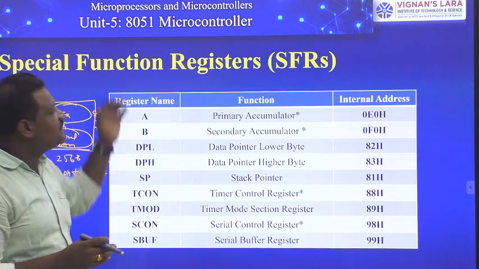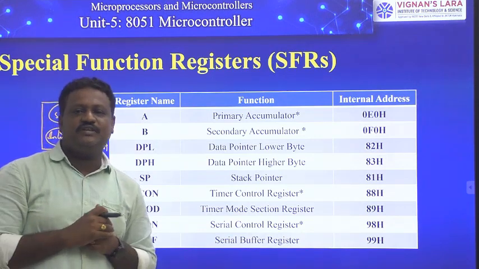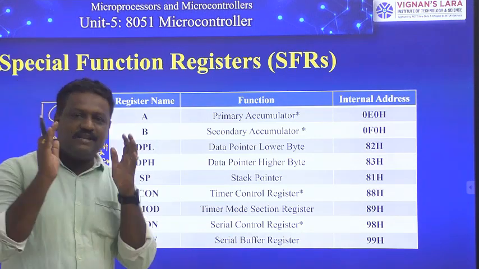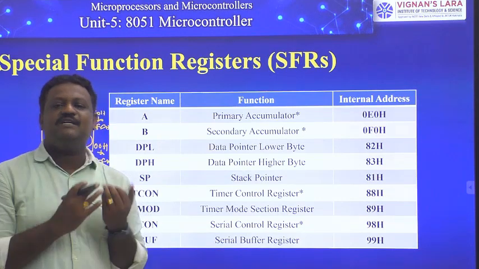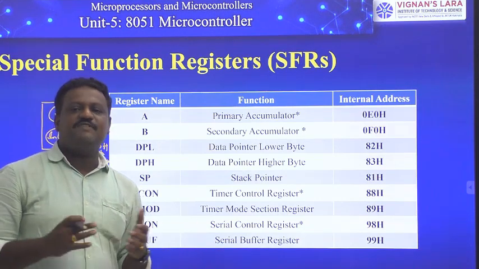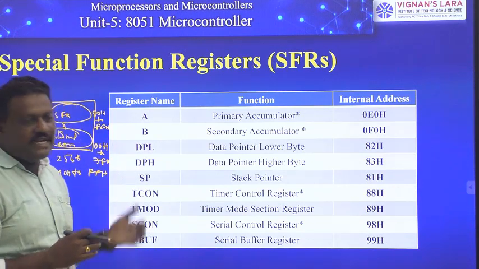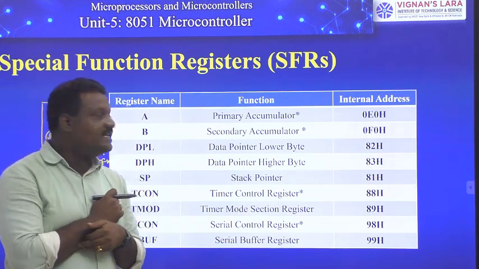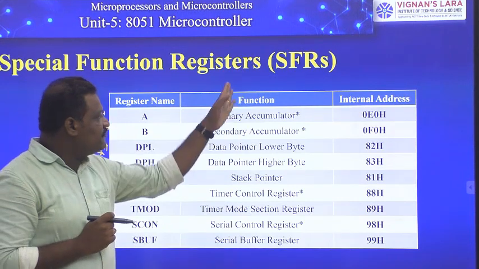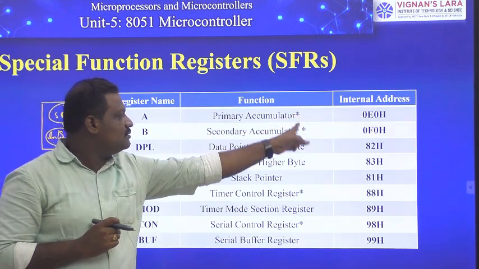In your 8051, there are different special function registers. Some of these special function registers are byte addressable and some of them are bit addressable. If I want to identify whether a register is bit addressable or byte addressable, see here, I have used this star mark.